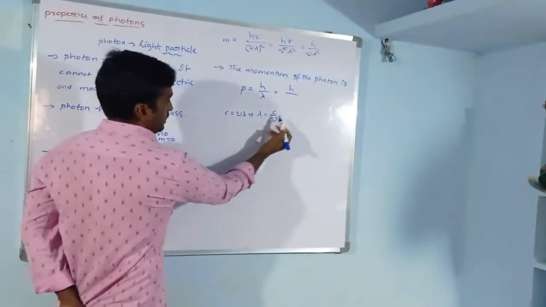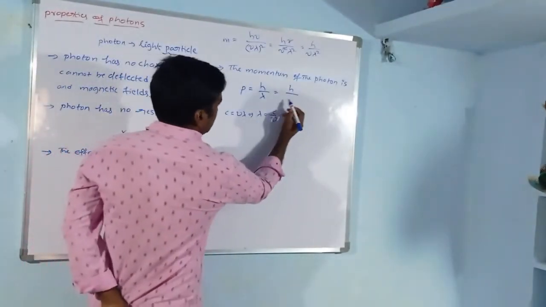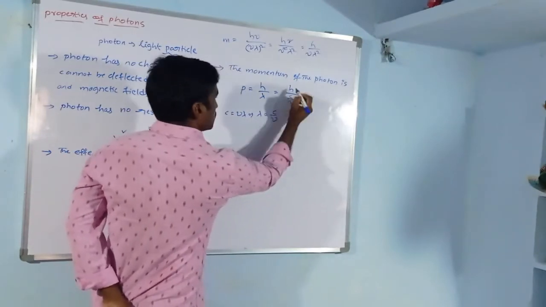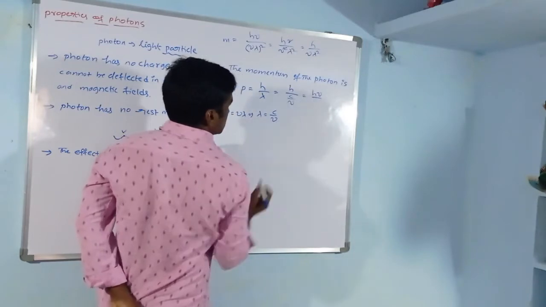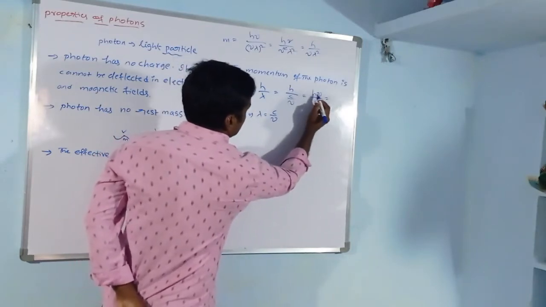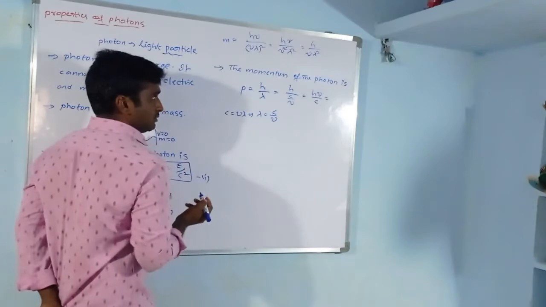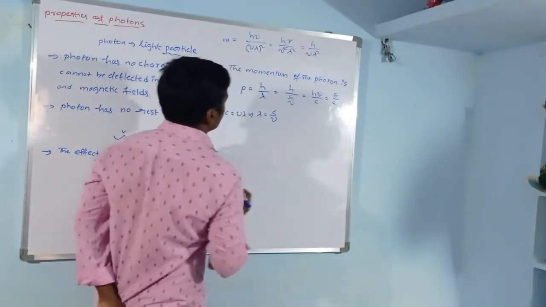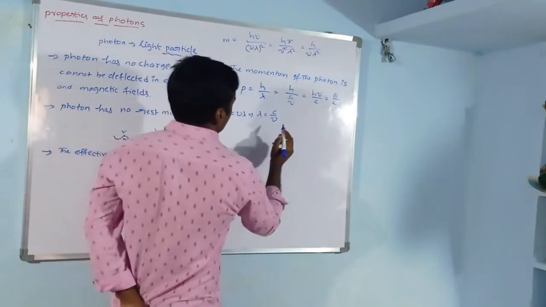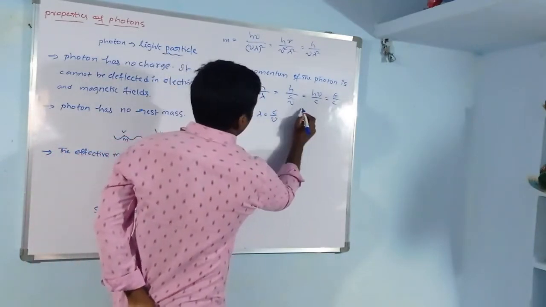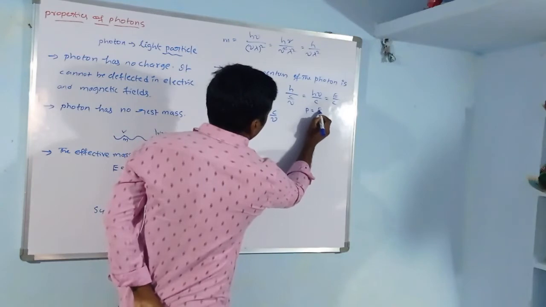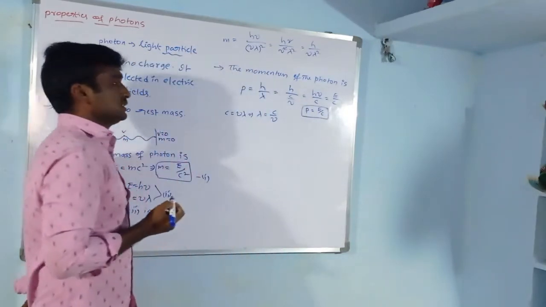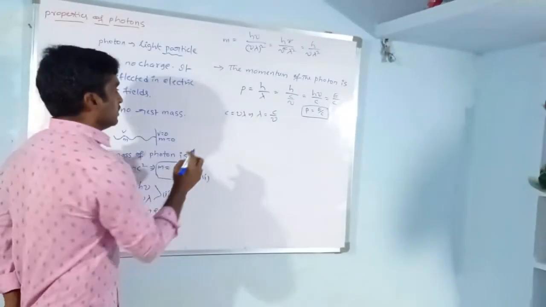Substitute this value in the above equation in place of λ. The ν goes up, and it becomes hν/c. hν is the energy of the photon, so that is E/c. So the momentum of the photon is P = E/c.